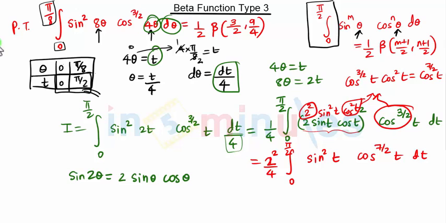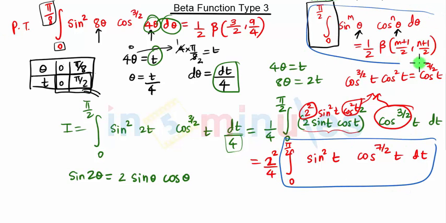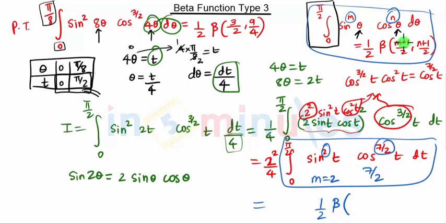So now if you compare this equation with the function of beta, we get m equal to 2 and we get n equal to 7 by 2. So this whole term is nothing but half beta of m plus 1 upon 2. M is 2, so 2 plus 1 upon 2 is nothing but 3 by 2, comma n plus 1 upon 2.